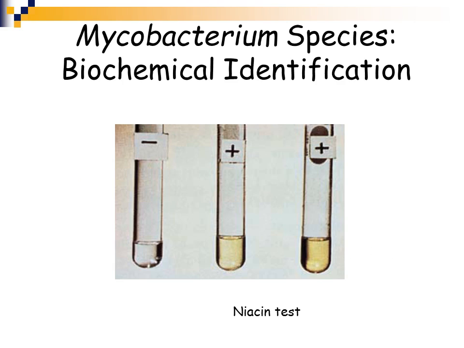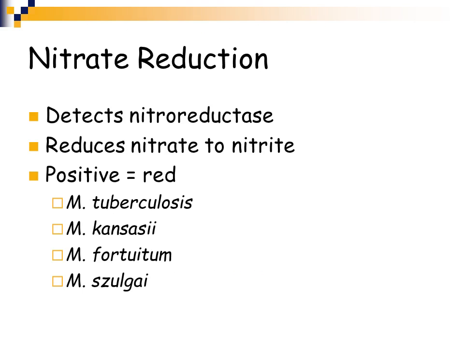So here's a niacin test. Clear is negative and yellow is positive. The nitrate reduction test detects the nitrate reductase enzyme, which reduces nitrate to nitrite, and a positive test is red.